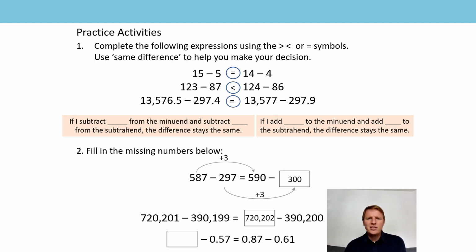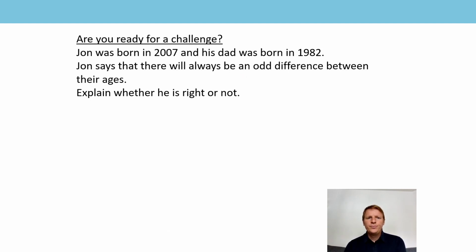The subtrahend's decreased by 0.04. So my minuend needs to do the same thing. So what's 4 hundredths less than 0.87? It would be 0.83. Well done if you got those questions correct.